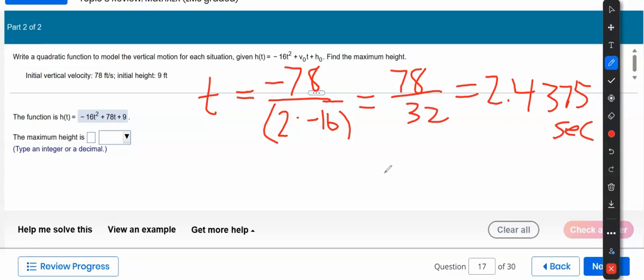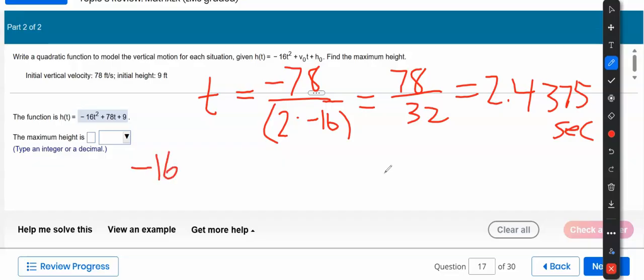What am I supposed to do with that number to find the maximum height? This is the amount of time it took to get to the maximum height. Do you plug in for t? That's exactly what I do.